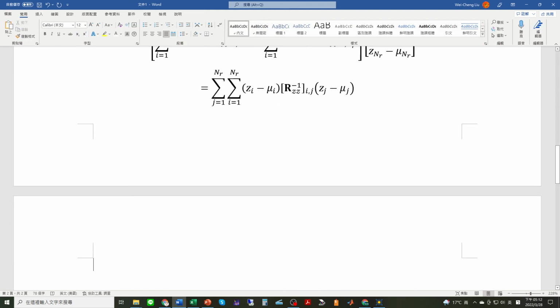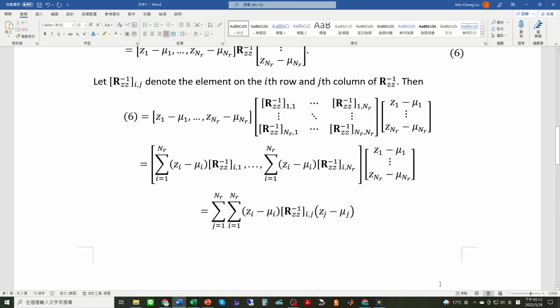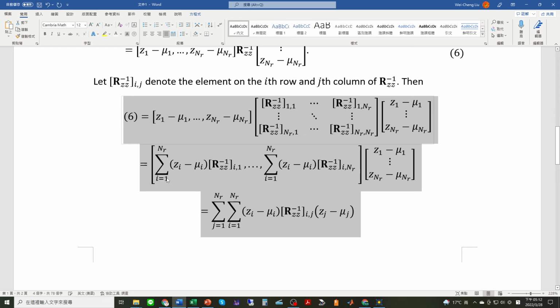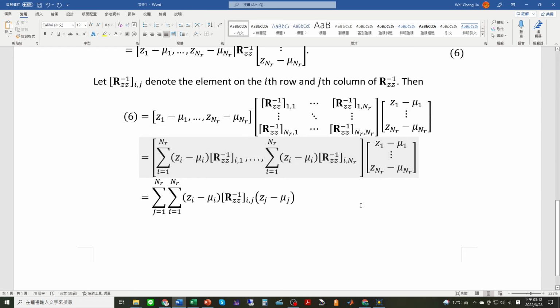Okay, good. So let me align at the equality sign. Like this. So next step is more simple.